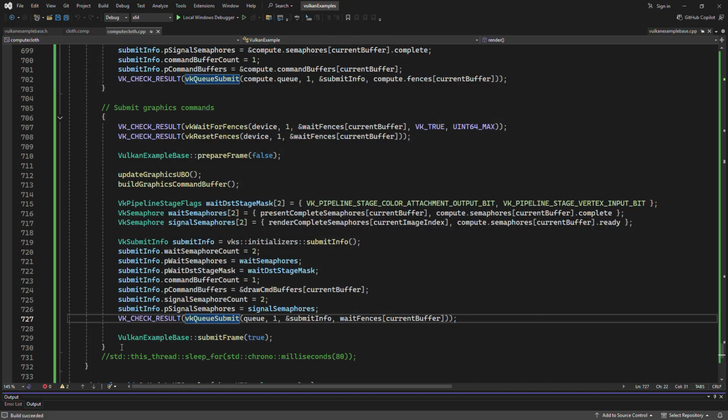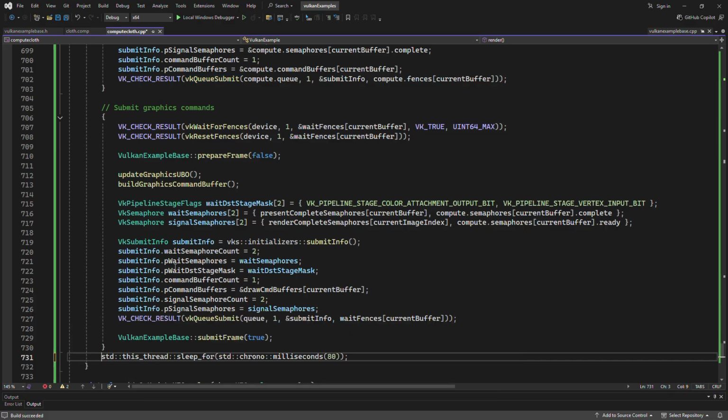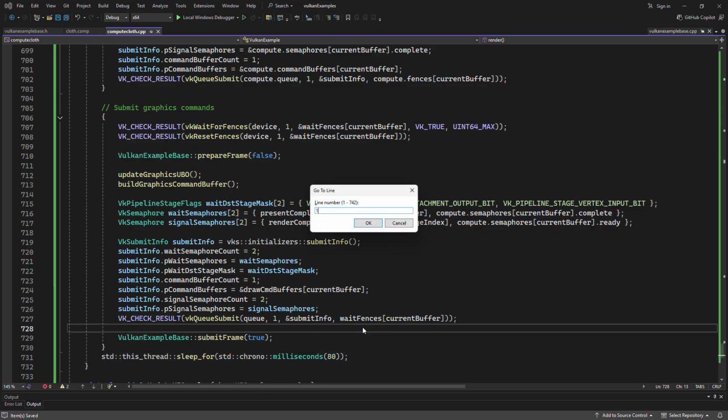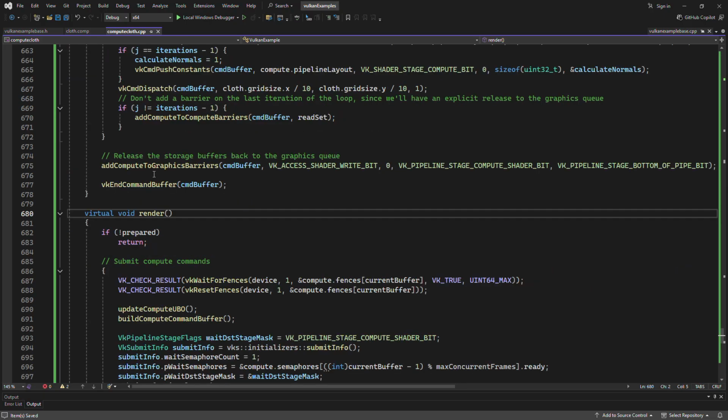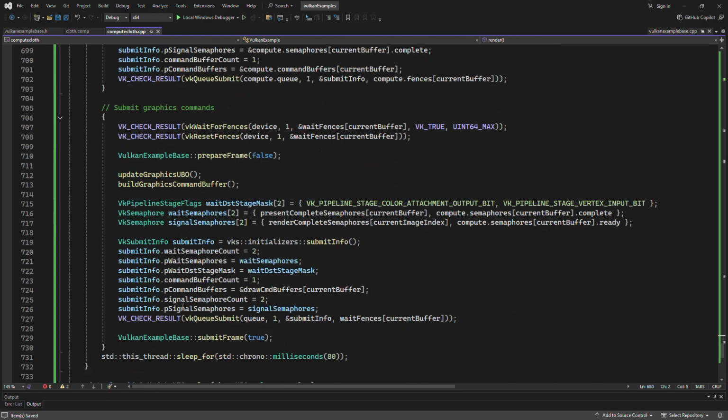But we're going to add in a delay, and we do it by adding in this string right here, and then we also add in these two includes here. So we add in the delay, and in order for this to work, we have to add in the includes at the top of the file.